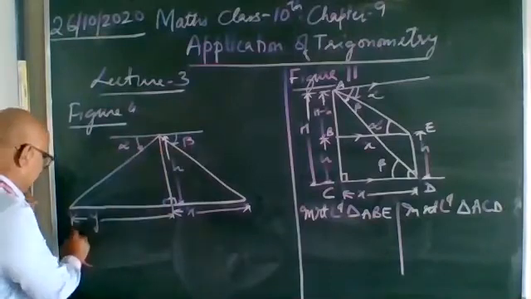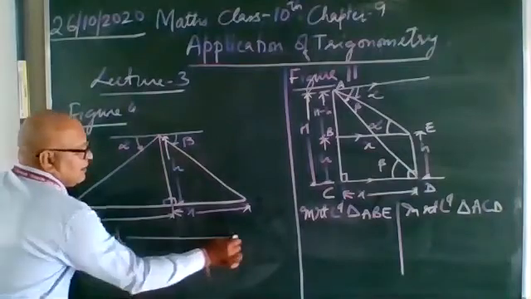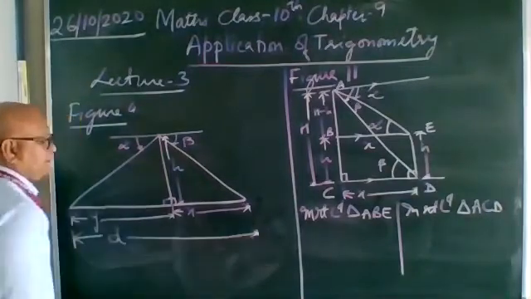So again, the distance between, this width of the river, that is D, and D will be what?